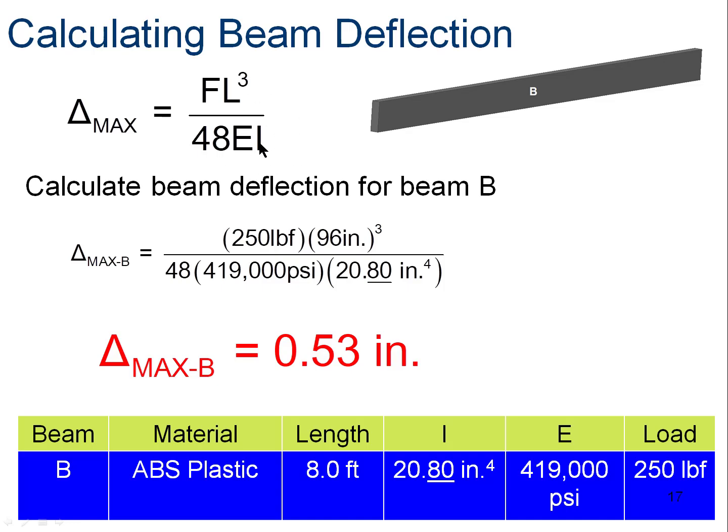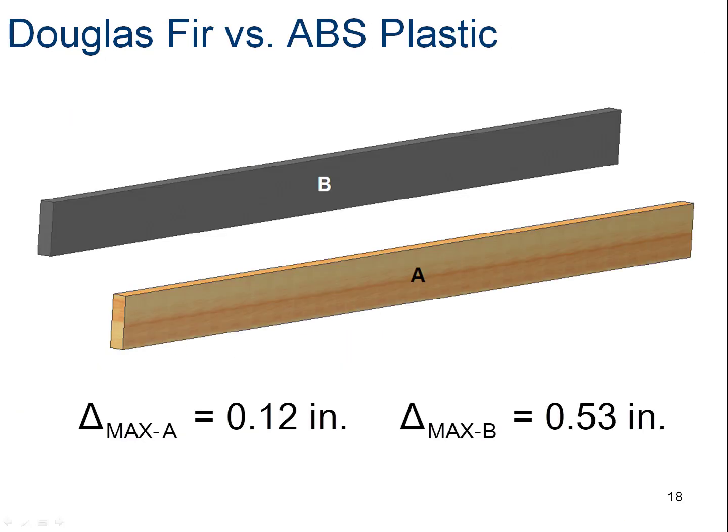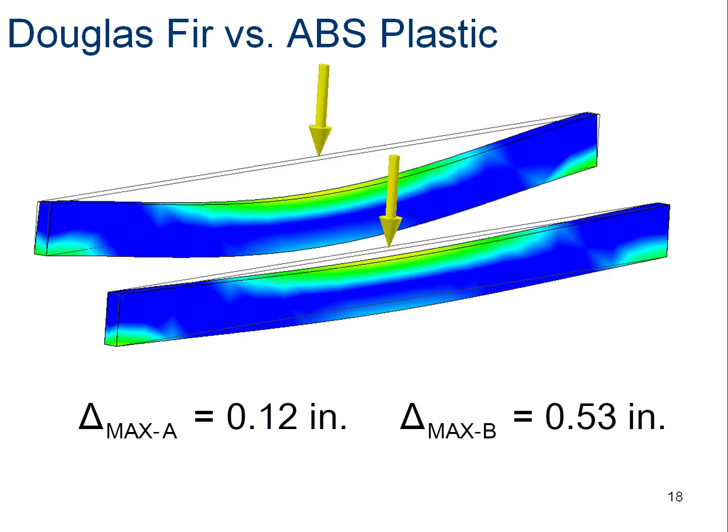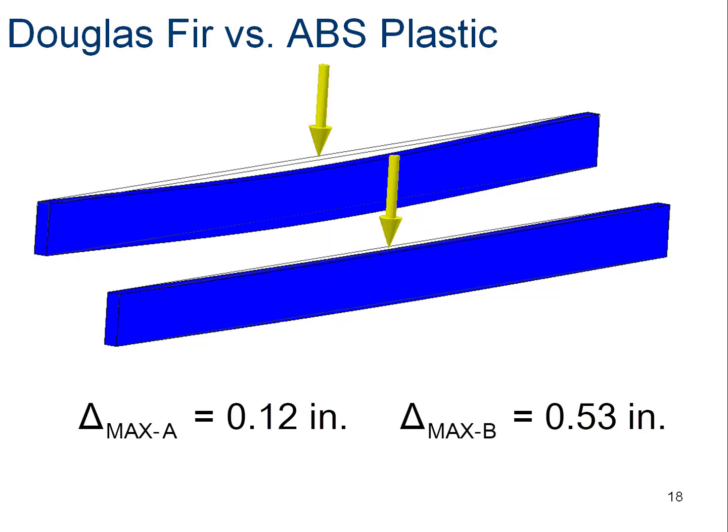If I goes up, deflection goes down. If L goes up, deflection goes way up. And that's why we don't see a lot of cantilevered extreme lengths, because of the deflection. So there you have the ratio of deflections represented by the ratio of the modulus of elasticities as well. Pretty straightforward as we work through this lab. There's that deflection shown with the plastic on top and the wood on the bottom.